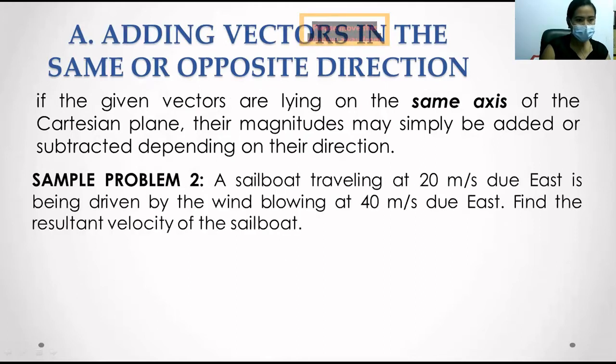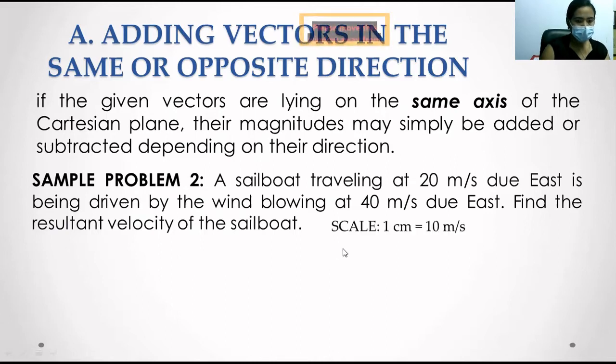Let's have example problem number 2. A sailboat traveling at 20 meters per second due east is being driven by the wind blowing at 40 meters per second due east. Find the resultant velocity of the sailboat.